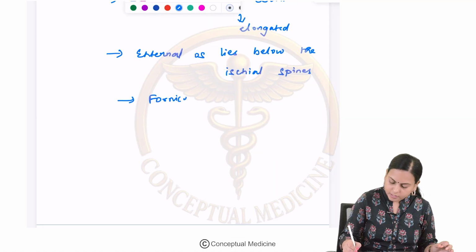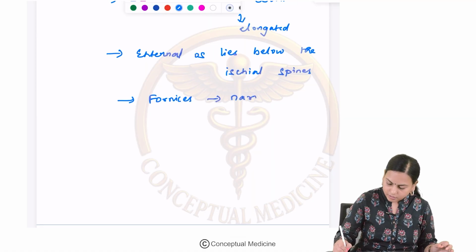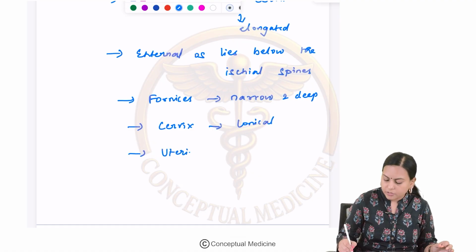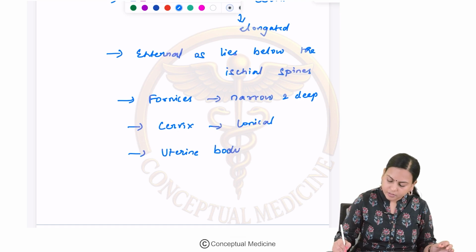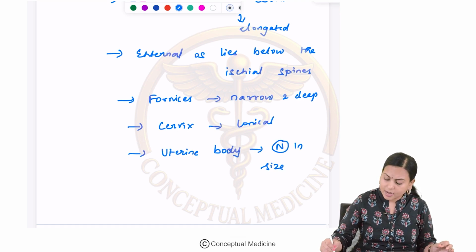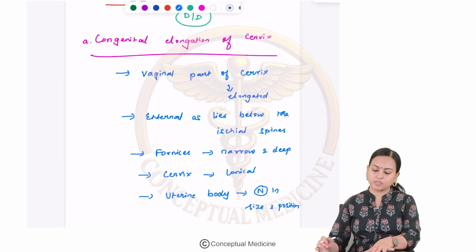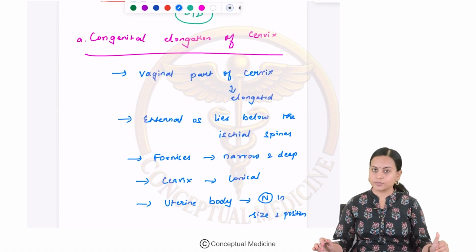The fornices will be narrow and deep. Cervix will be conical and the uterine body is normal in size and position. Okay. So, this is how a congenital elongation of cervix will be presenting to you.